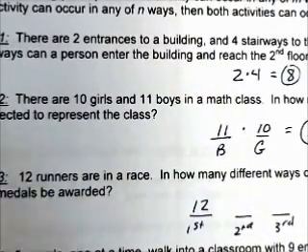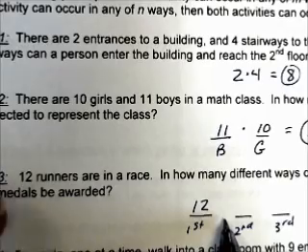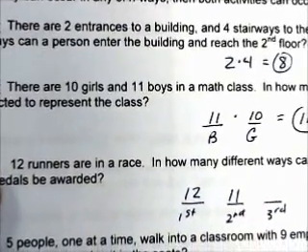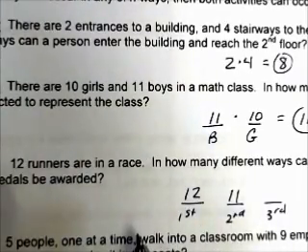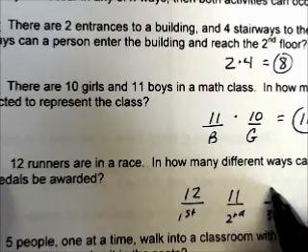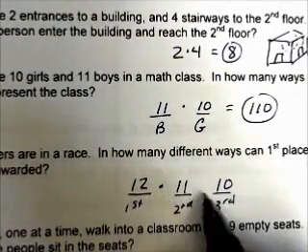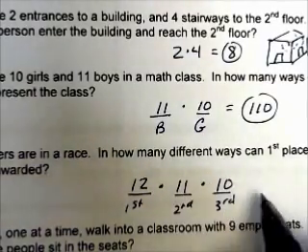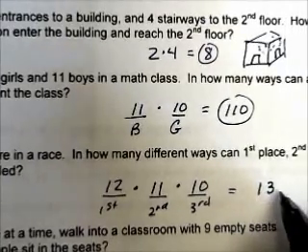For second place, now there's a runner who's already taken first place, so how many runners remain to place second? 1 less than 12, 11. And now first and second place have been taken up, so now there's only 10 runners that remain to be placed in third. So we would multiply 12 times 11 times 10. 12 times 11 is 132 times 10, 1,320.